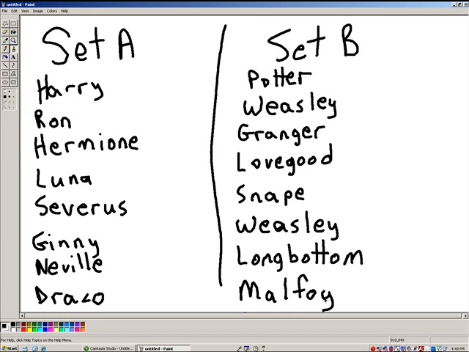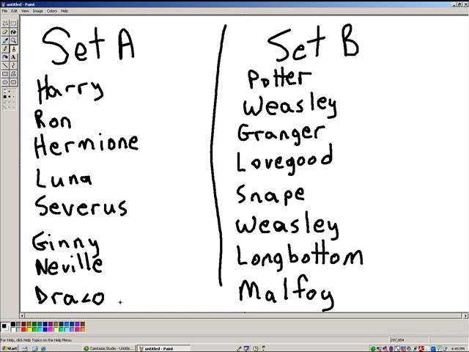Hermione is Granger, Luna is Lovegood, Severus is Snape, Ginny is Weasley, just like Ron. However, it's okay that there is more than one set A that has a particular set B result. All we need to make sure is that each set A has only one possible result from set B.